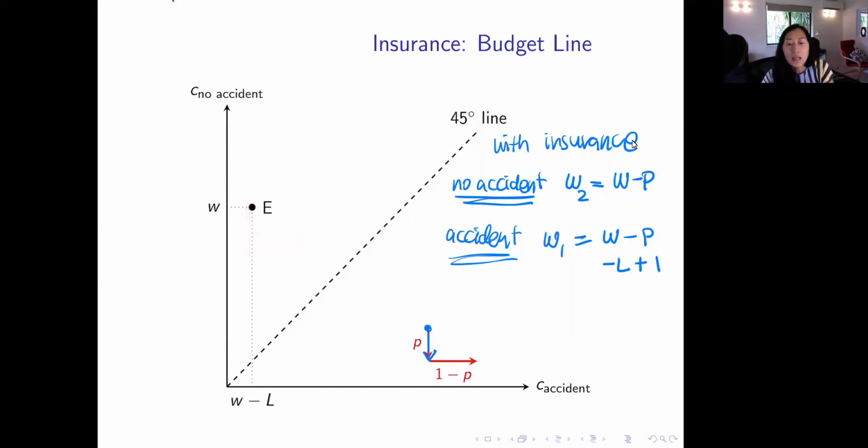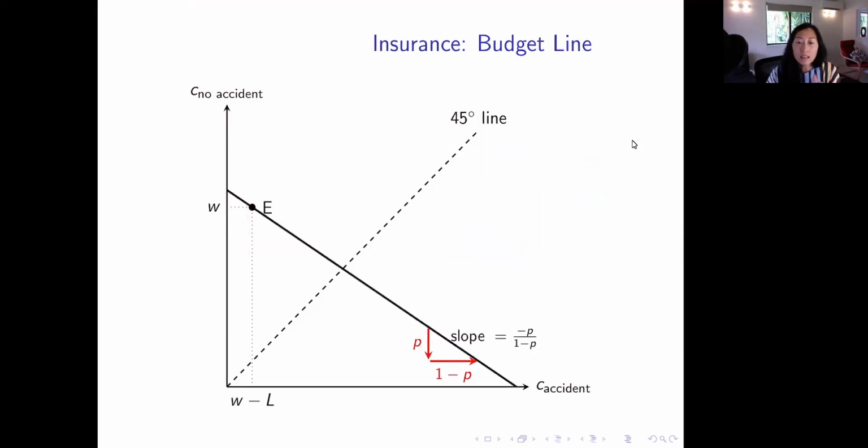Okay, and that is your budget set, where the slope is equal to this negative slope. So you can see that it would pass through point E, because point E is your endowment. It must be affordable, and also since whatever this is also affordable when you buy insurance.